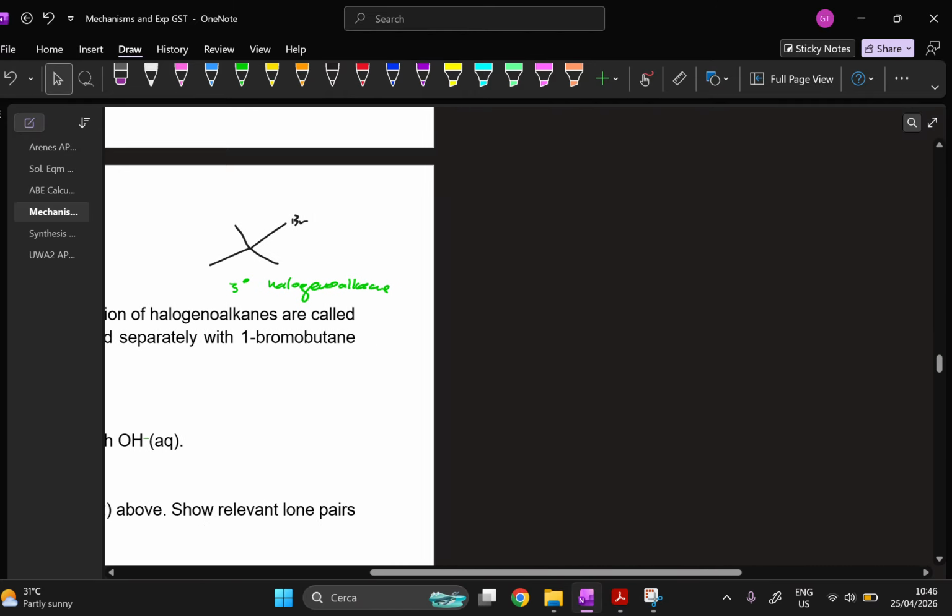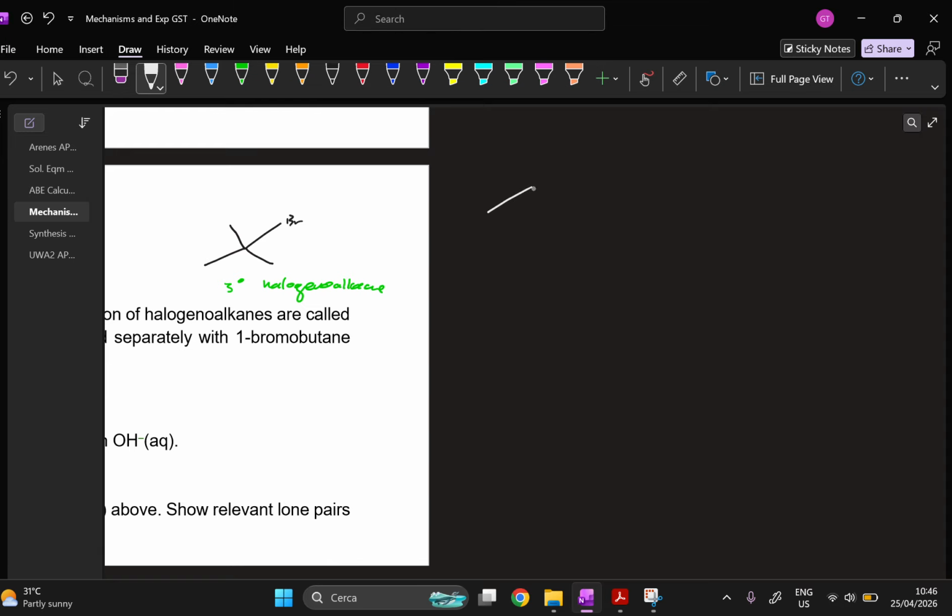So obviously, if I have 1-bromobutane, actually no, I'm not going to draw it in skeletal. This is one of the mechanisms that you are highly encouraged not to draw in skeletal, because especially for SN2, you need to show the stereochemical inversions. All the other mechanisms, your FRS, EA, electrophilic substitution, nucleophilic addition, you can draw in skeletal.